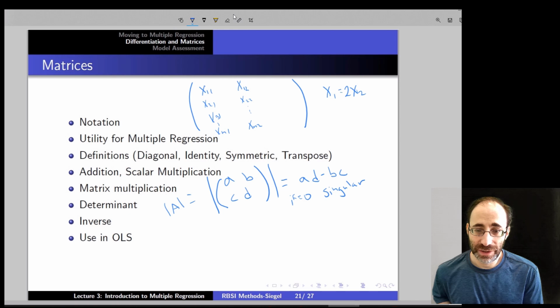More generally, what we're going to be doing is calculating inverses, which require the determinant. The inverse of a matrix, A inverse, is the matrix such that if you multiply it by A, either on the left or on the right, you get back the identity matrix.